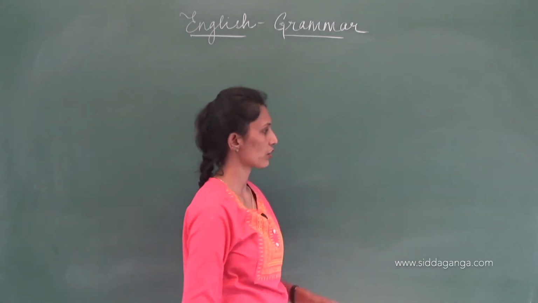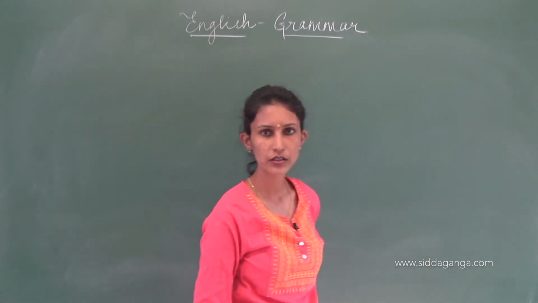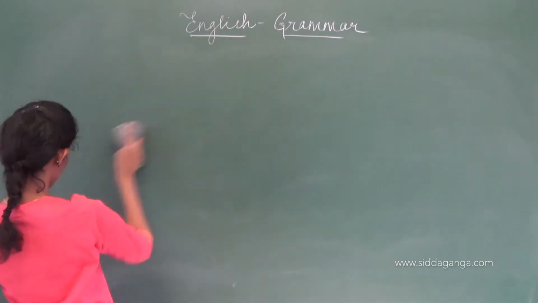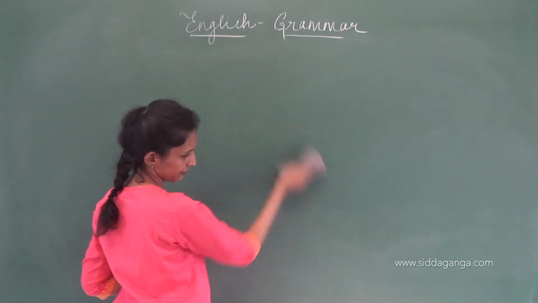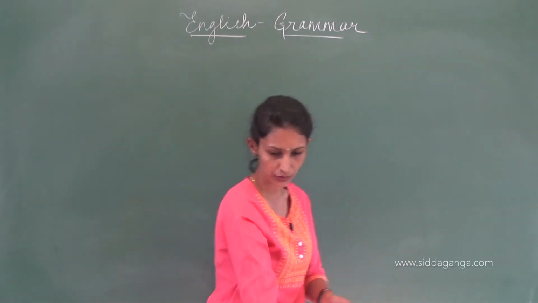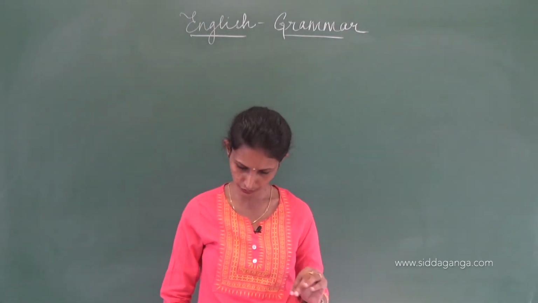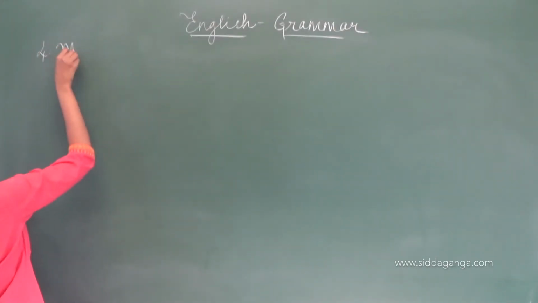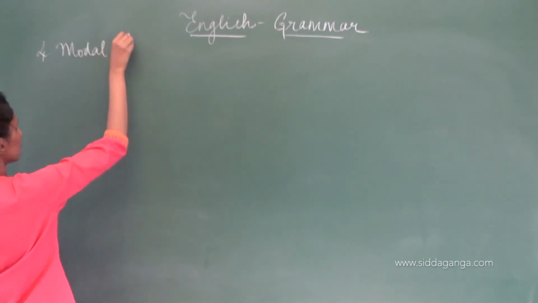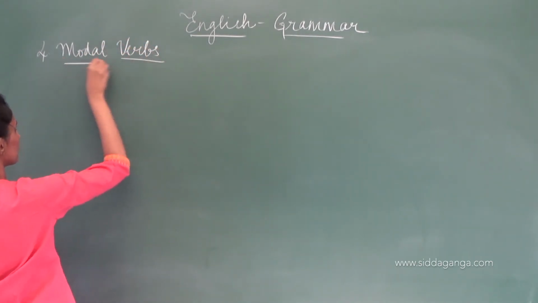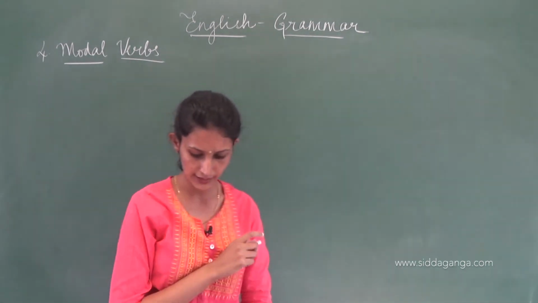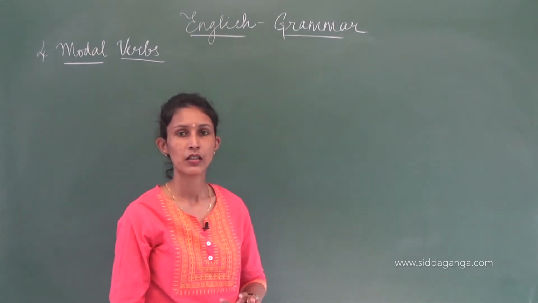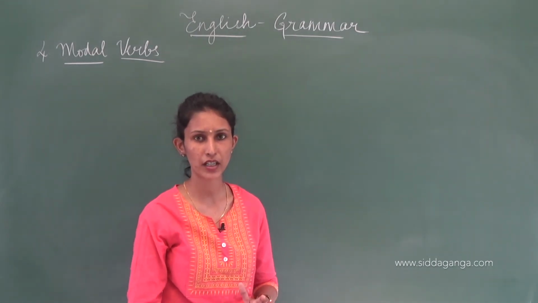Now we have studied modal auxiliaries or modal verbs: could, couldn't, should, shouldn't, will not, shall not. The next, the fourth one: modal verbs. We'll give you examples so that you can understand better.